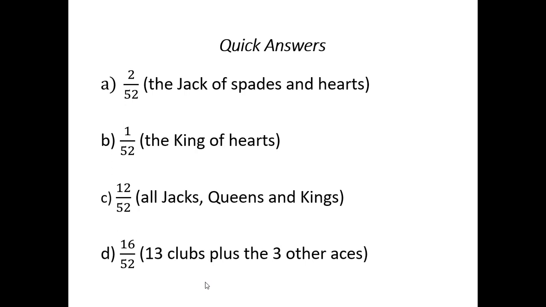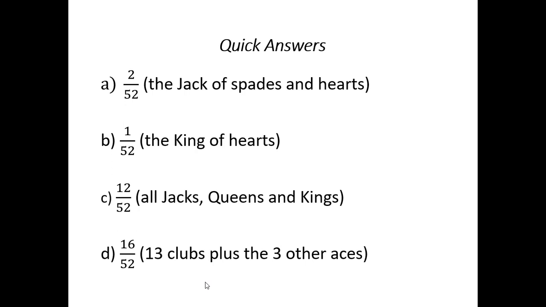All right, the solutions are 2 over 52. If you check back, you'll see the jack of spades and the jack of hearts have 1 eye. The other jacks have 2 eyes. The king of hearts has a sword going through his head. So the probability here is 1 over 52. Now the face cards, those are the jacks, queens, and kings.